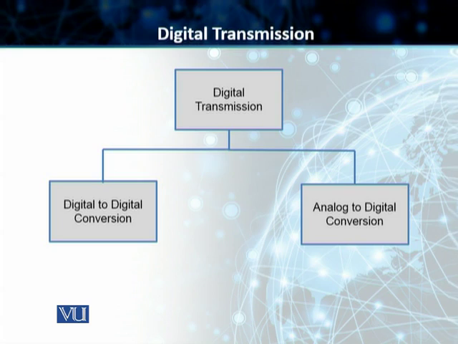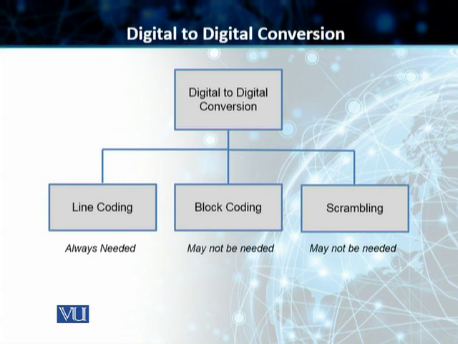Students, we will start our discussion with the digital to digital conversion. So our data is digital and we need to convert it to a digital signal and we'll send this digital signal over the transmission medium. Students, digital to digital conversion involves three distinct techniques.